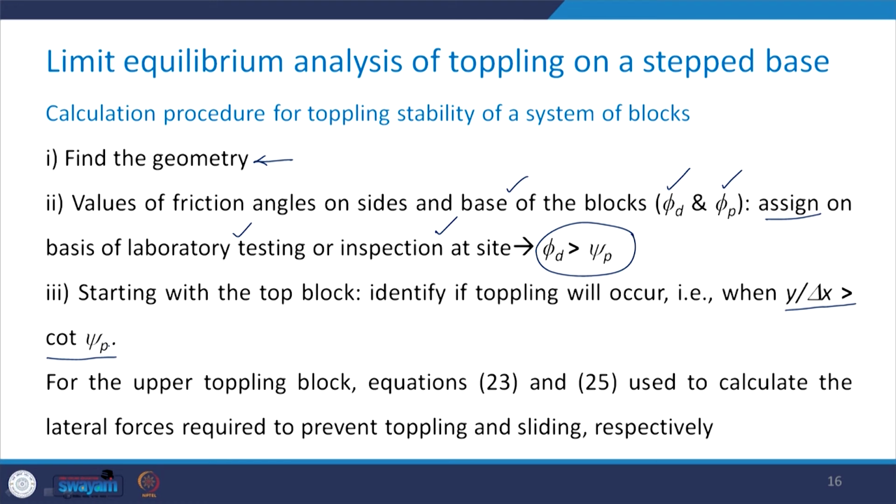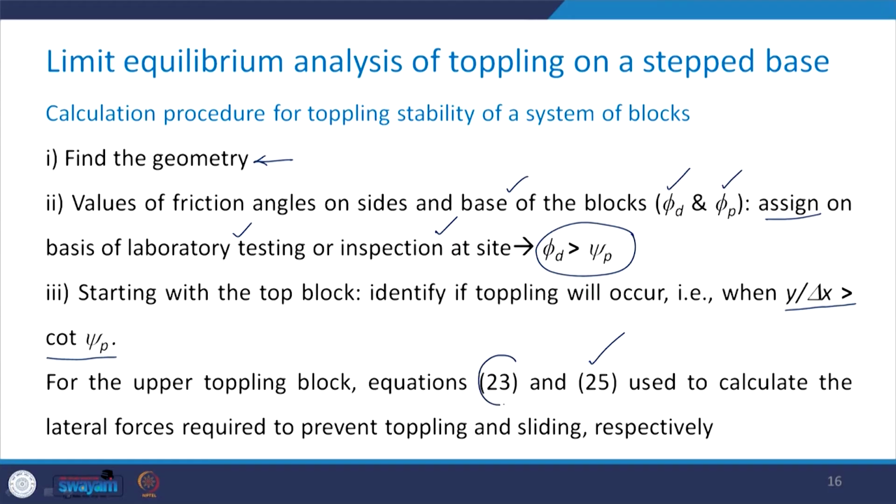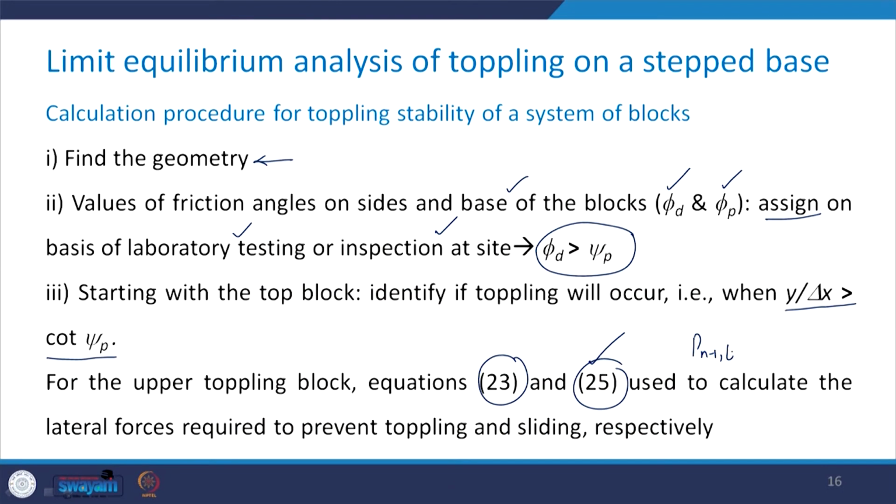Now for the upper toppling failure, just now we obtained equations 23 and 25. These would be used to calculate the lateral forces which are required to prevent the toppling and sliding respectively. So we will use these equations 23 and 25 in order to get that Pn minus 1 comma t and Pn minus 1 comma s.